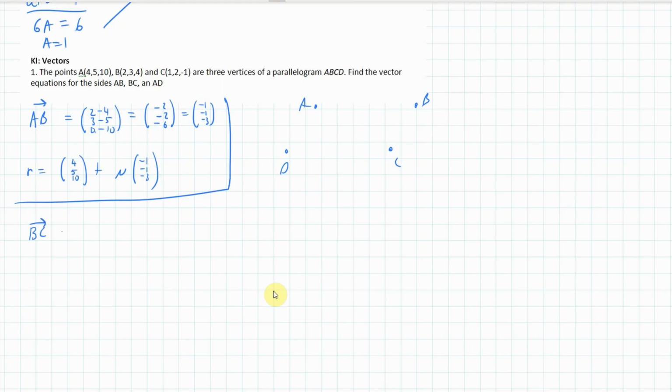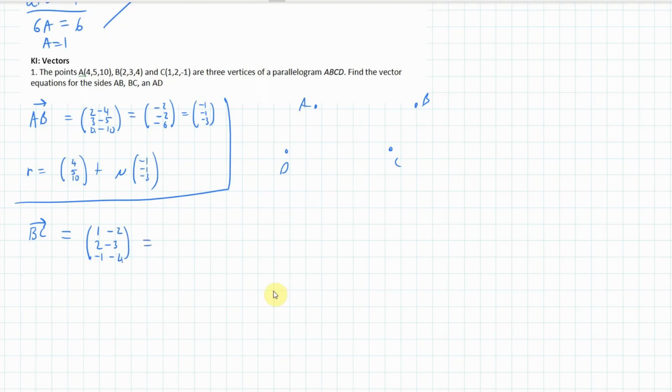Now, going from B to C, so we're going to take away B from C. So it'll be 1 minus 2, 2 minus 3, minus 1 minus 4. That's a 4. Looks pretty scrappy. Let's see if I can fix it up.